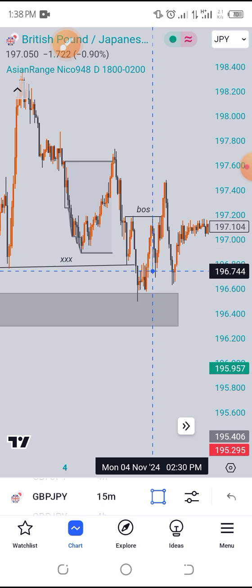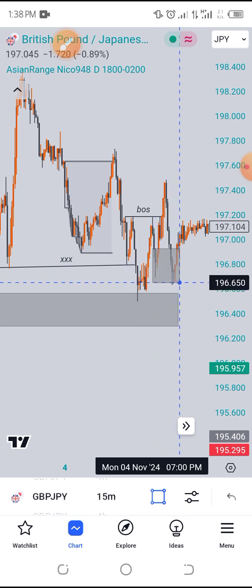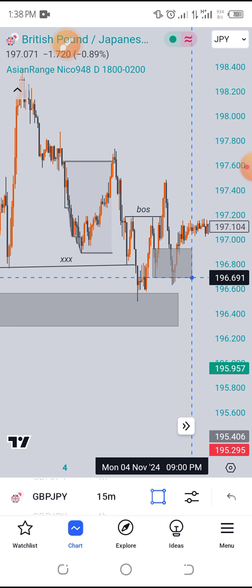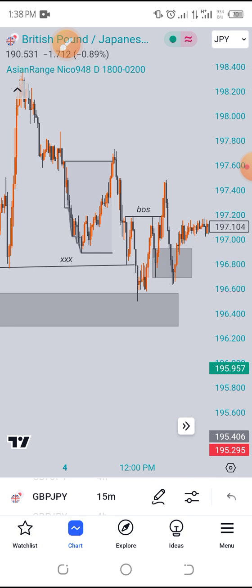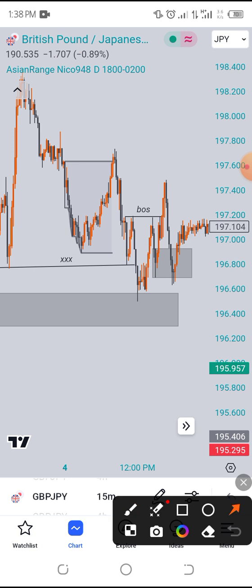This was the order block that broke the structure to the upside. This particular bearish candle that you see was what led to the break of this structure to the upside.